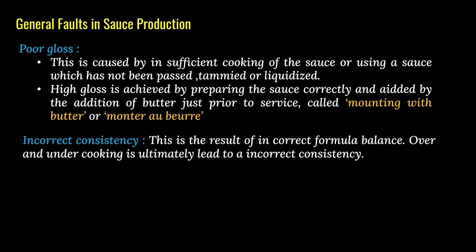One is the reduction process, the other is the emulsification process, and the third one was suspension. So the first one was reduction, and if you reduce the liquid, automatically it will become thick, and that is very much required to get the desired consistency.